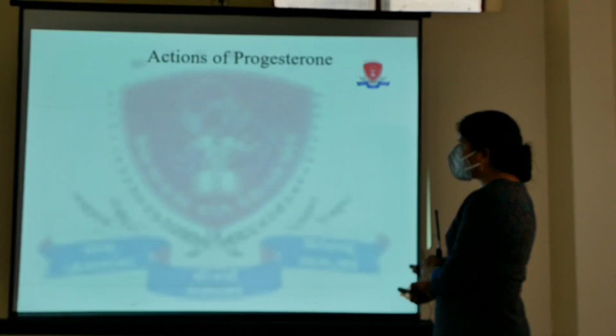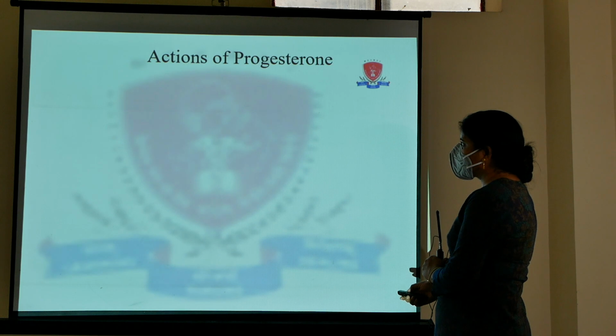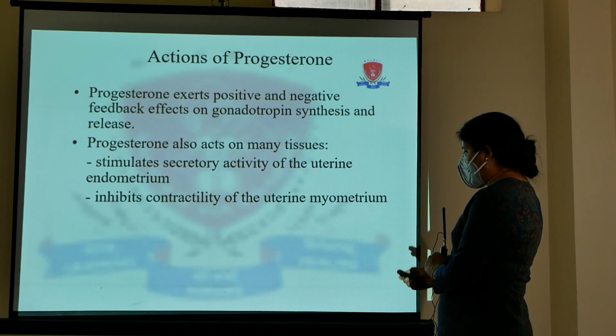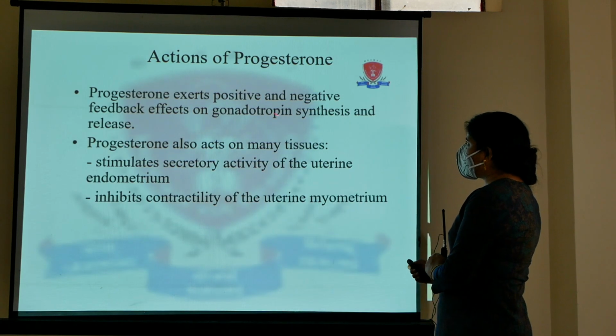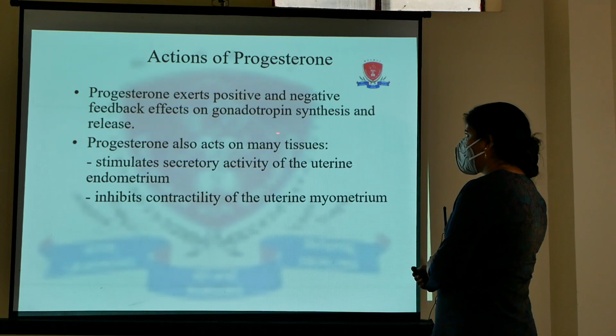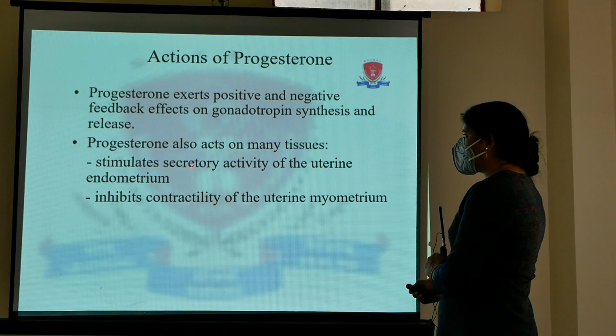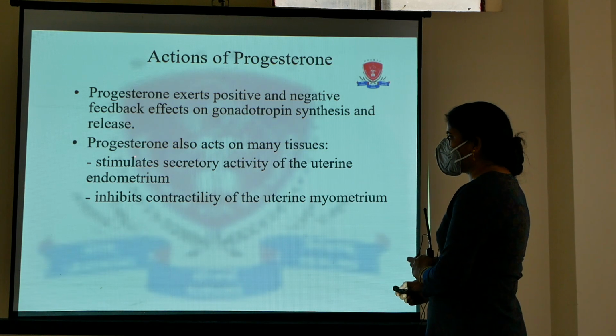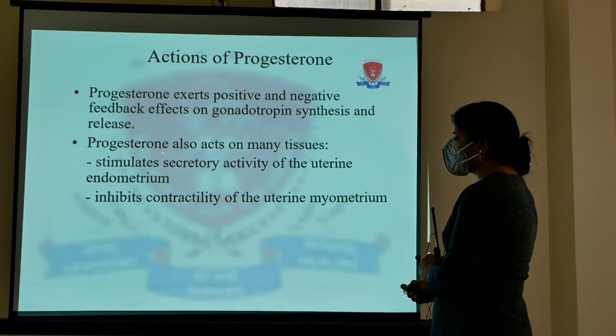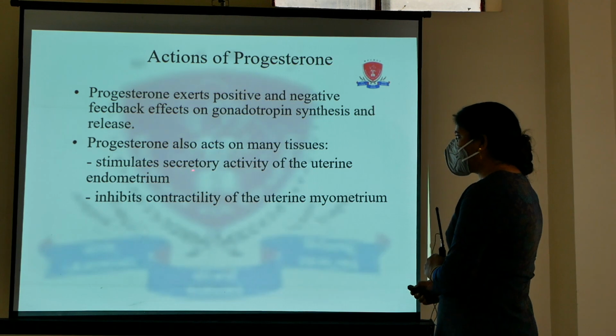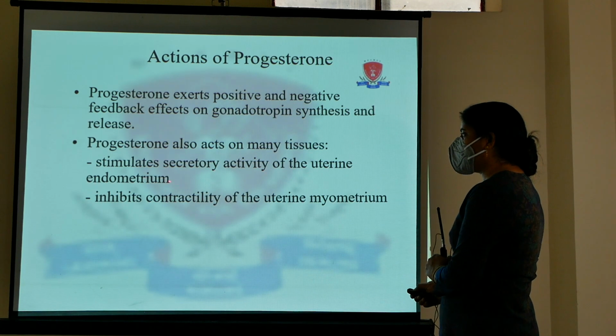What are the actions of progesterone? It exerts positive and negative feedback effects on gonadotropin synthesis and release. It acts on many tissues similar to estrogen, not only the ovaries. It stimulates the secretory activity of the uterine endometrium.